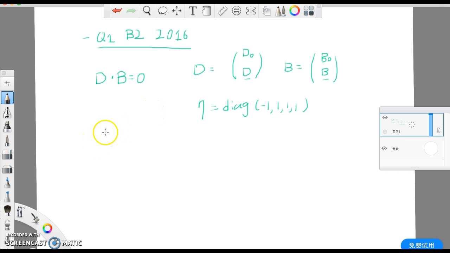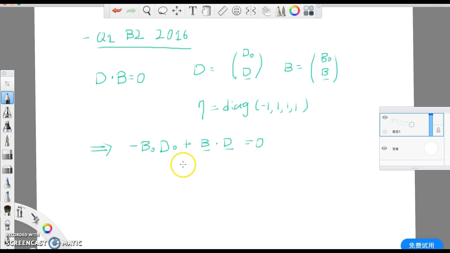And so the question asks about the physical meaning of d dot b equal to 0. The only meaning of this expression is just minus b naught d naught plus b dot d is 0, right?